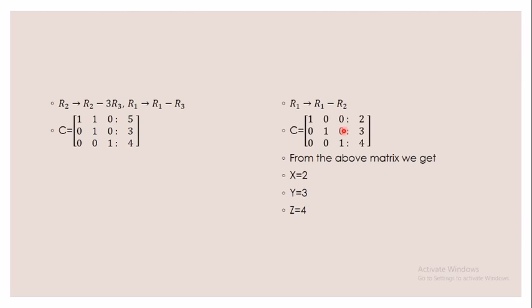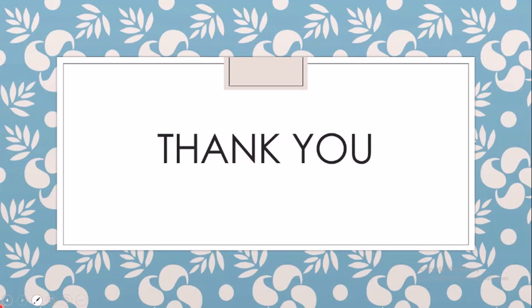The elements above the diagonal elements are 0, the elements below the diagonal elements are also 0, and the diagonal elements are unity. Now it is easy for me to arrive at the conclusion that x is equal to 2, y is equal to 3, and z is equal to 4. I hope you understood the working rule and the problem regarding Gauss Jordan method. Thank you.